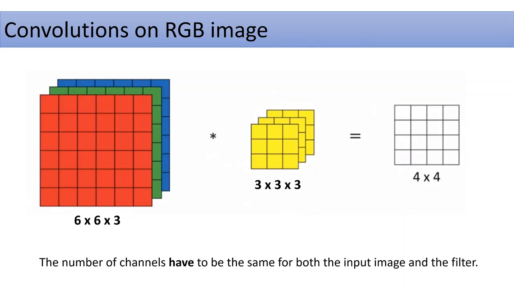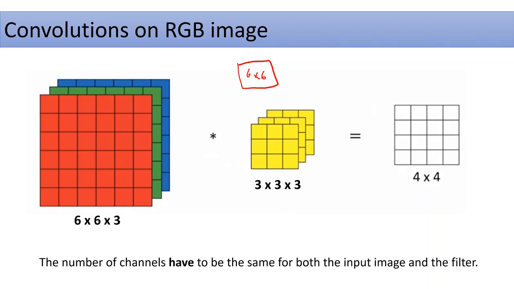Up until now we have been talking about grayscale images, which are just 2D images like a 6 by 6 matrix. Now we will discuss an RGB image, which is a colorful image which has 3 channels, that is red, green and blue.